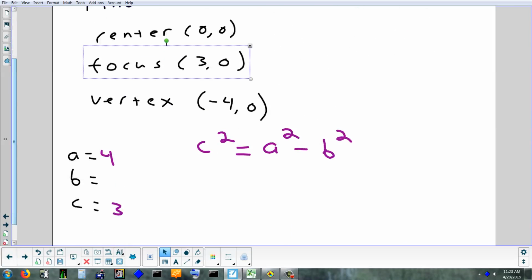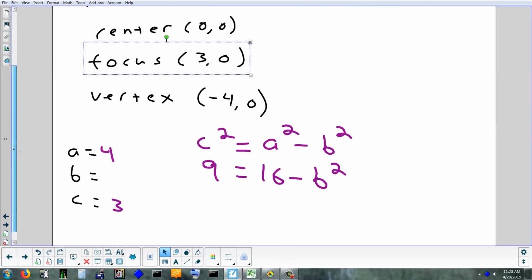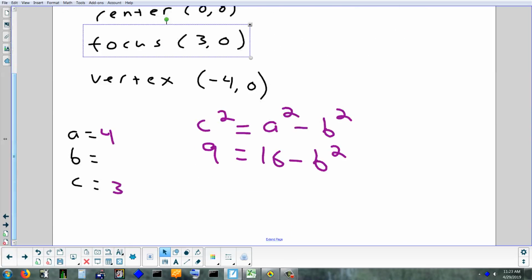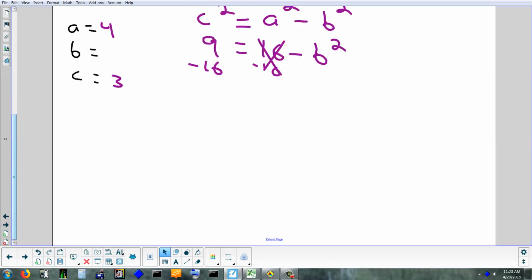Okay, and now we'll fill in what we've got. So C squared, A squared, minus B squared. Alec, what would I do to solve that? Just one step. You subtract 16 from both sides. Yep, we subtract the 16, so that's gone. Subtract 16.